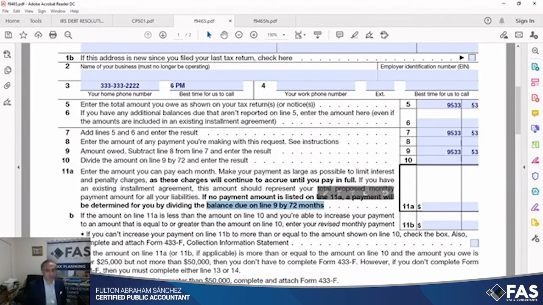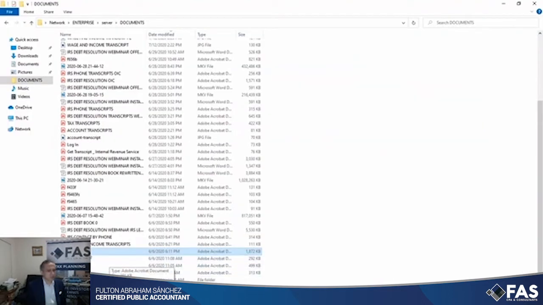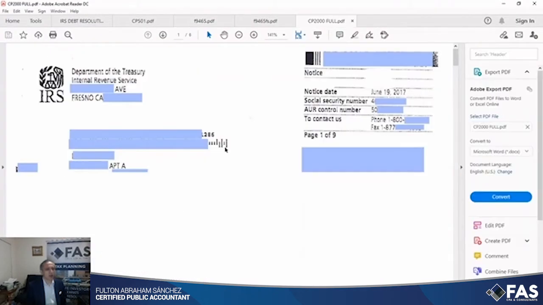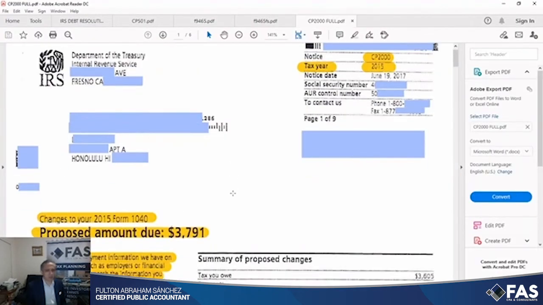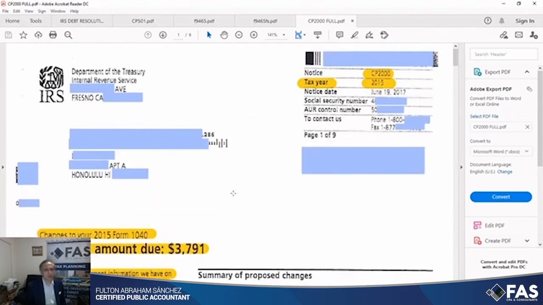what the interest rate is. That is very important. That's why you need to request the original information from the IRS when you receive the letter. I'm going to show you here an example on a form that we cover in our webinar from IRS forms. This is form CP 2000.